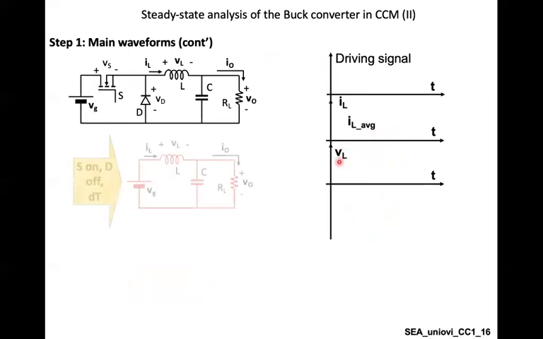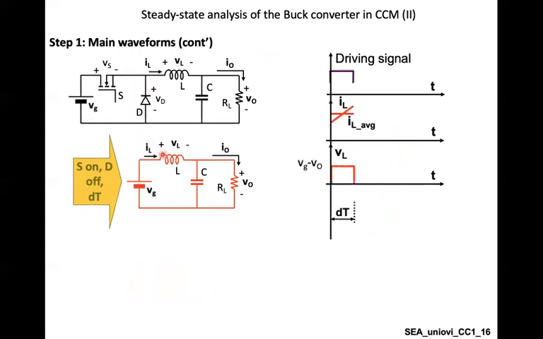Let's see. When this switch is turned on, you have some current flowing in the inductor, as we already mentioned. So the current in the inductor is going up, and this is the average. Okay. What about the voltage on the inductor? It's very simple.